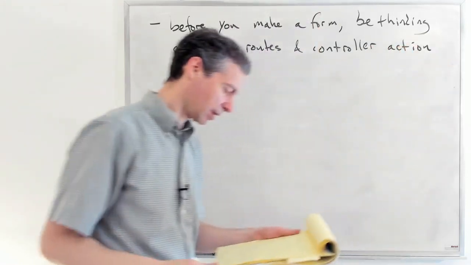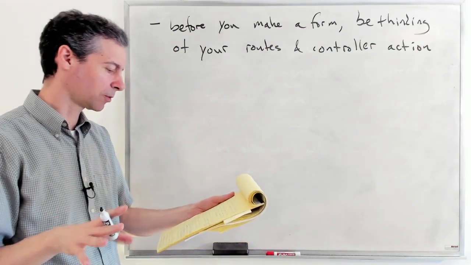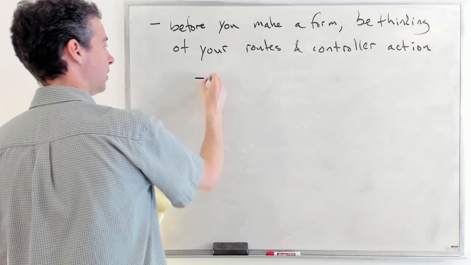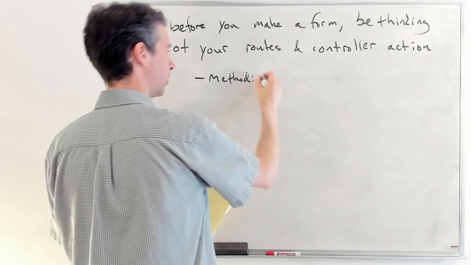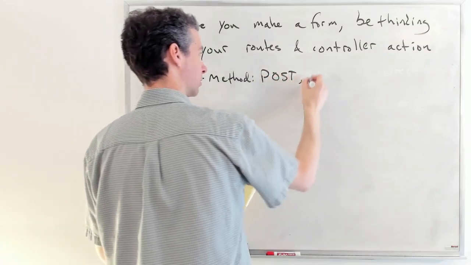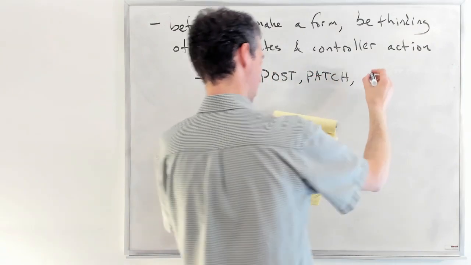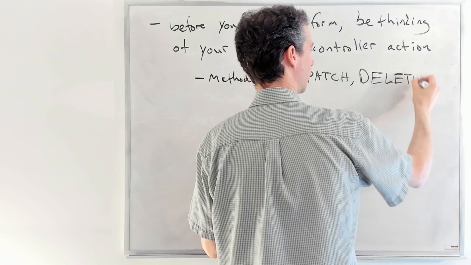So what do I mean by this? Remember that we have methods that we can choose from. We can have a post, we can have a patch, we can have a delete. These are our key methods to use with a form.